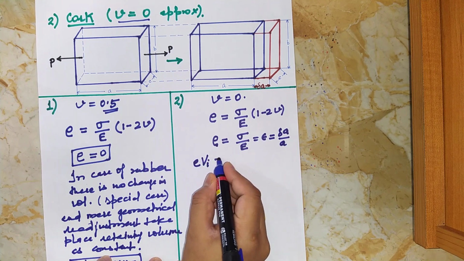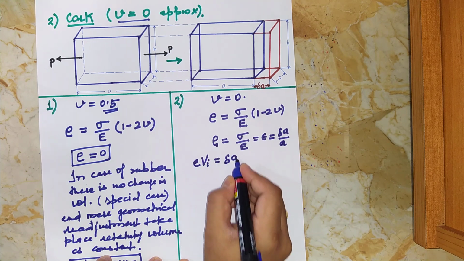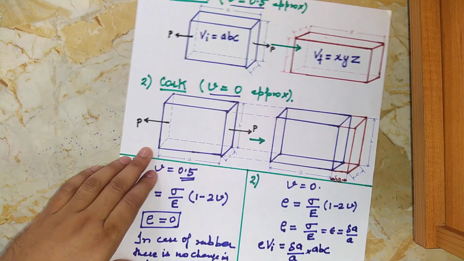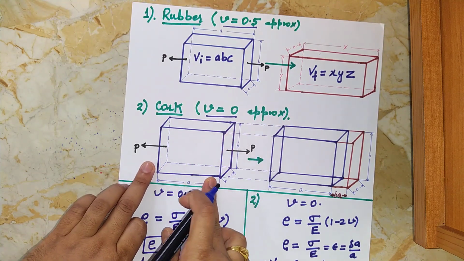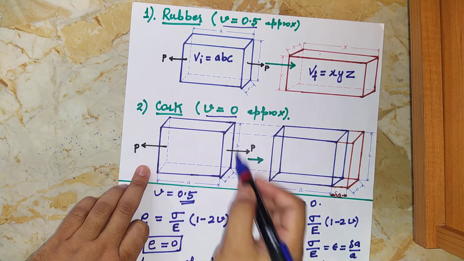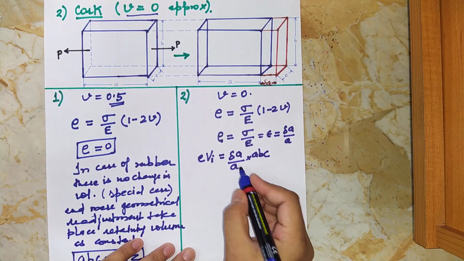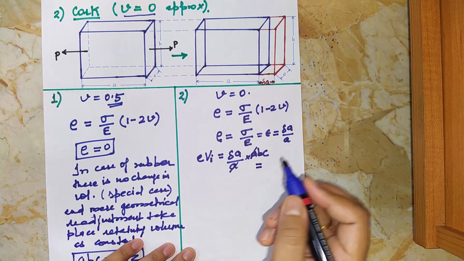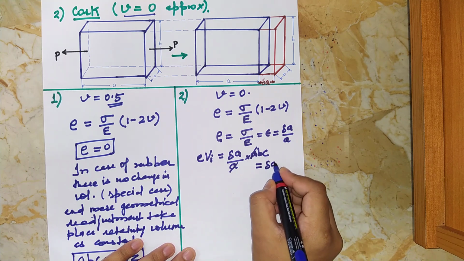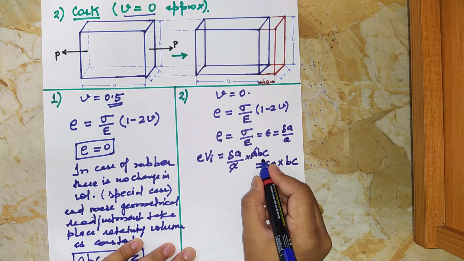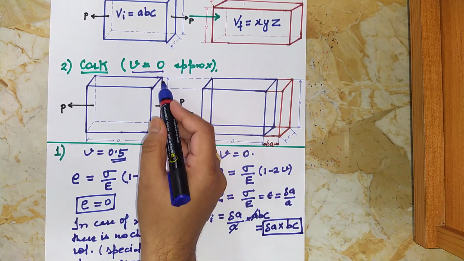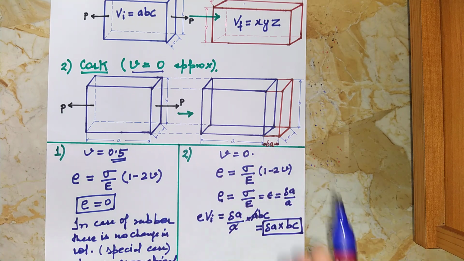So multiplying by initial volume, we'll get del A by A into ABC. Okay, here is the cork prismatic bar that we have taken, having initial dimensions A, B and C. By cancelling, we find that the final change in volume is del A into BC. What is BC? BC is the cross sectional area and change in length is del A.